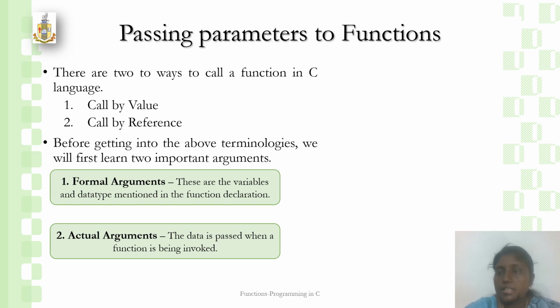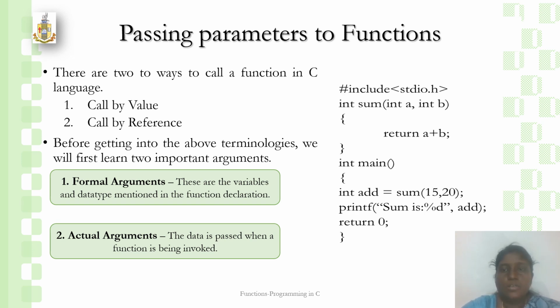And the actual arguments are where sum(15, 20), the values, have to be passed through the argument list, where the variables take the values and sort them out and return the result.